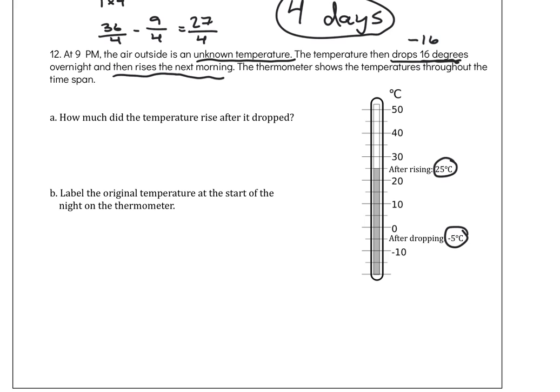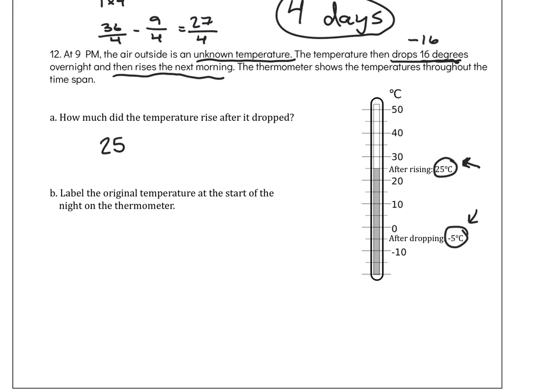So what we want to see is how much did the temperature rise after it dropped? Well, after it dropped, we were sitting at -5 degrees, and then after rising, we were at 25. So we're going to subtract these.